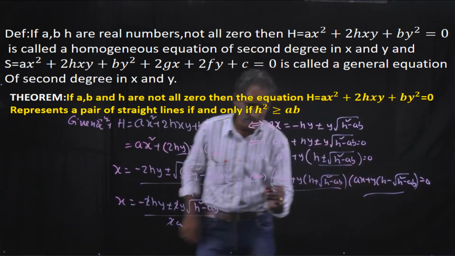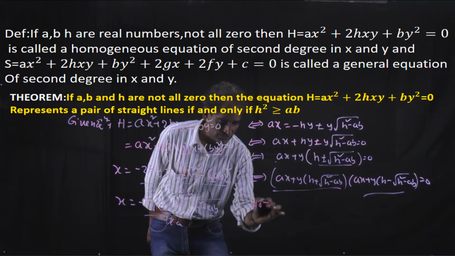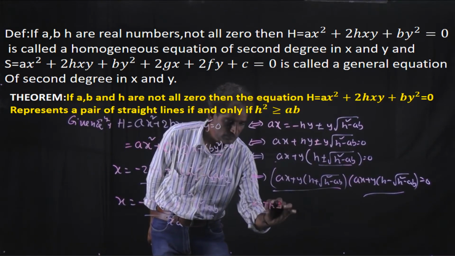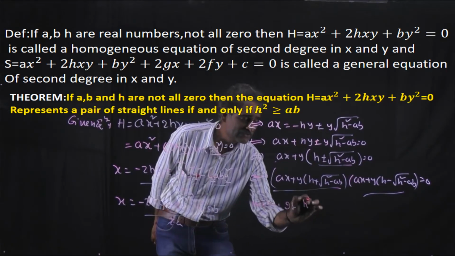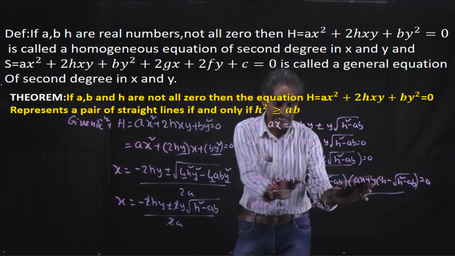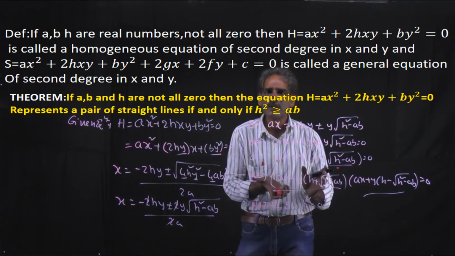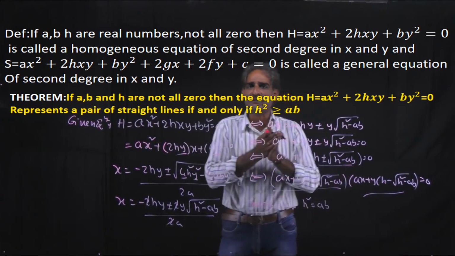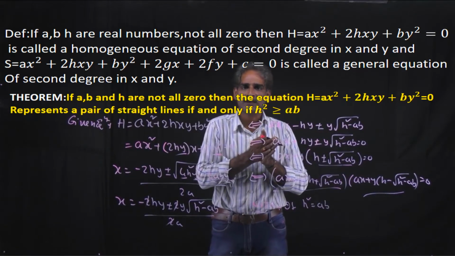Just one note here. If h square equals ab, what will happen? We will get the same equations. That means we will get two equations which are coincident equations. Understand?